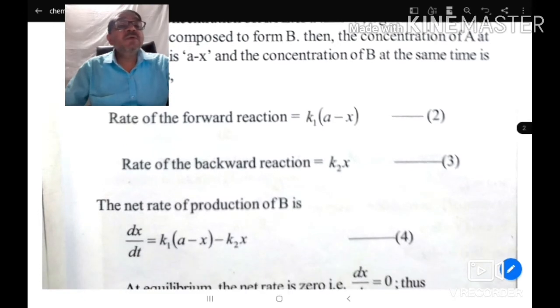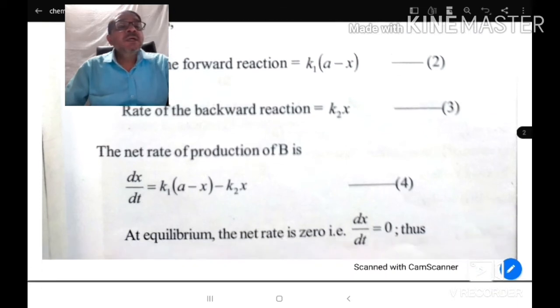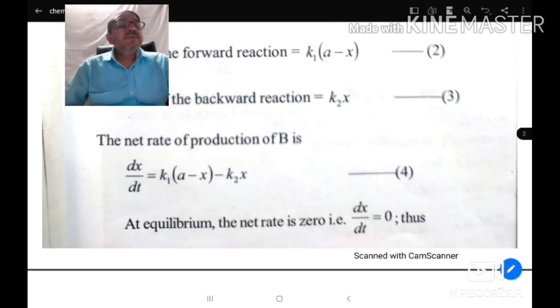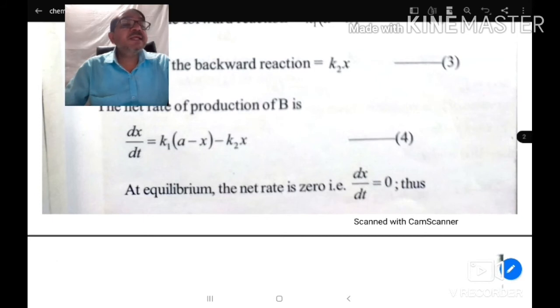So the overall or net rate of production of B is dx by dt is equal to K1 into a minus x minus K2 into x. Label this as equation number 4. When we consider the equilibrium condition, at equilibrium the net rate is 0, that is dx by dt is equal to 0.